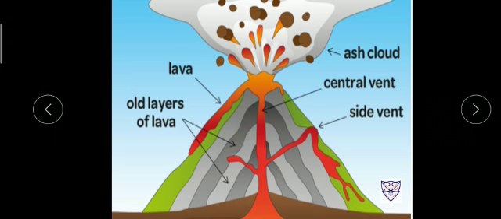When a volcanic eruption happened earlier, the lava froze and formed layers here, slowly again here and again here. Then when the volcano becomes active again, it blasts out and throws the ash clouds outside.